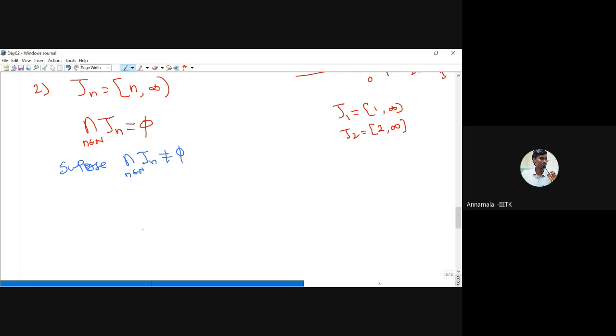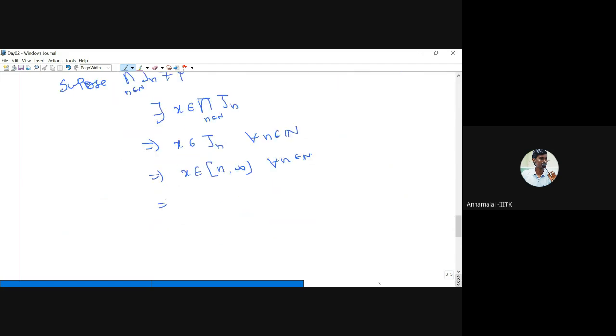Non-empty means at least one element in the intersection, that is, there exists x in the intersection of Jn's, where n in N. So x in the intersection implies that x belongs to Jn for all n in N. So x belongs to [n, infinity) for all n in N. That means n is less than or equal to x for all n in N. Got it?